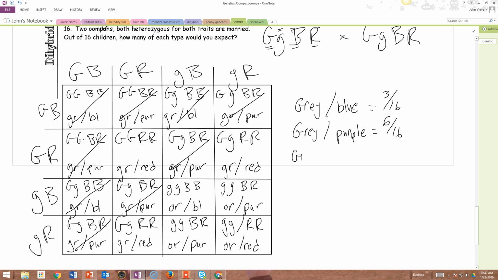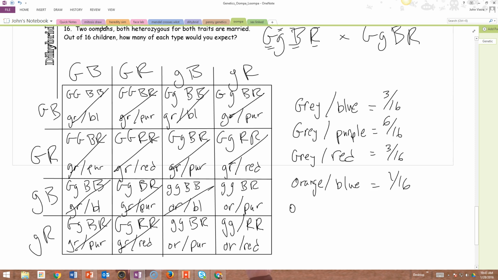Then we have our gray-faced, red-haired. 1, 2, 3. 3 out of 16. Then we have orange-faced, blue hair. That guy right there is only 1 out of 16. Orange-faced, purple hair.